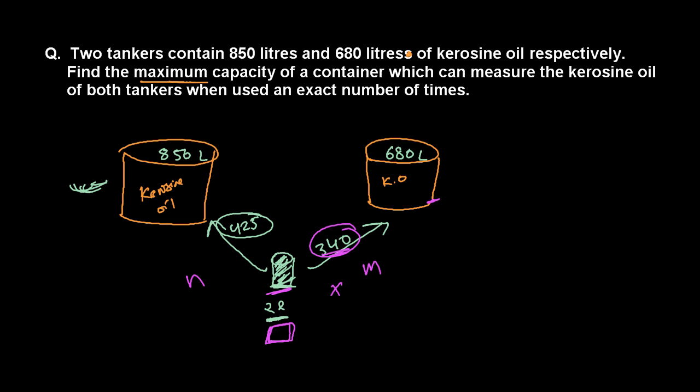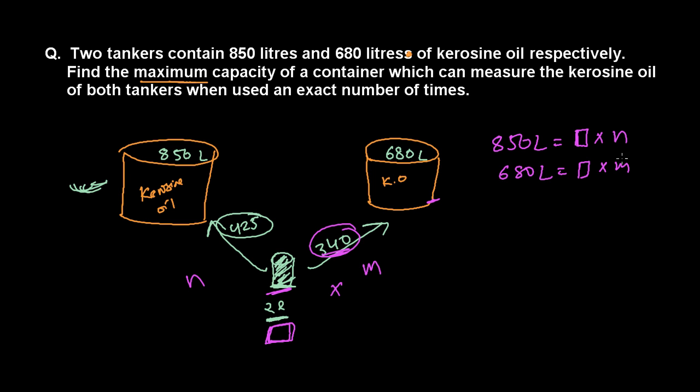What I mean to say is that this 850 liters is n exact times the amount of oil this smaller container can hold, so the container's capacity times n is 850. Similarly, 680 liters is m exact times the same container.